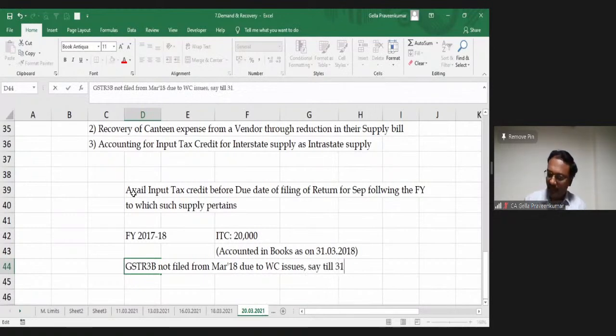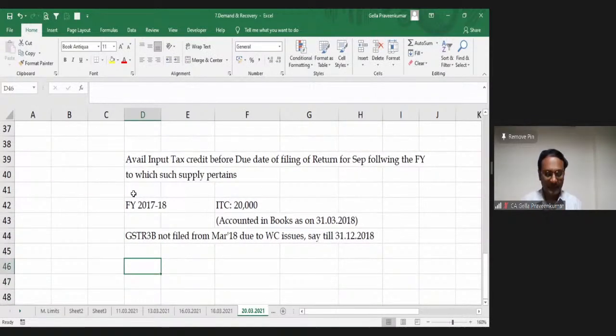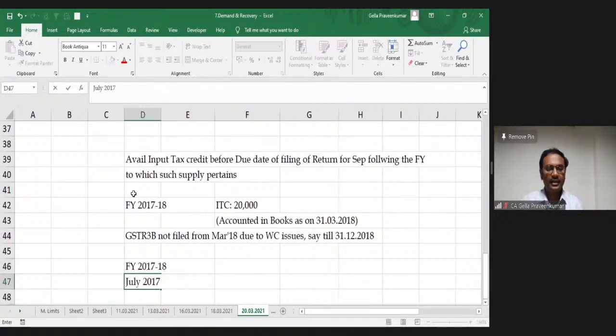till 31st December 2018. So the law says, for financial year 17-18, you can take the ITC during July 2017 to March 2018.